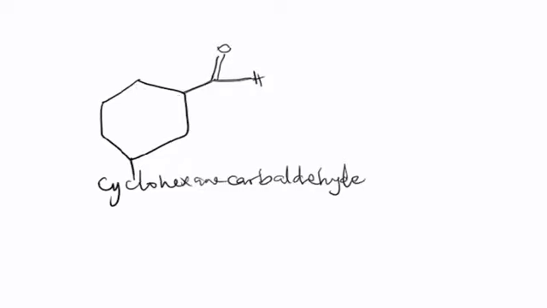So I'll start here as 1, as 2, and then here as 3. So I'll simply have 3-methylcyclohexane carbaldehyde. So that's it about this.